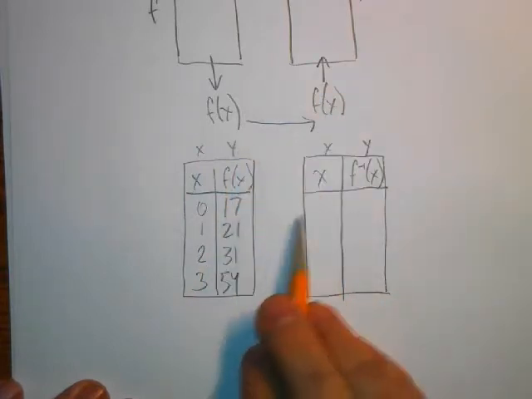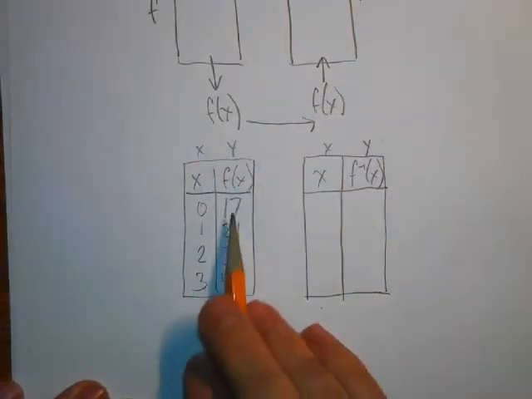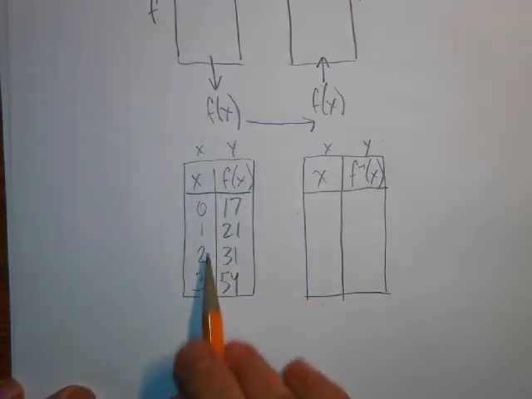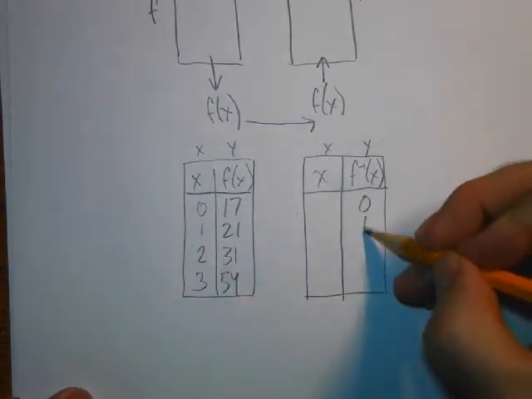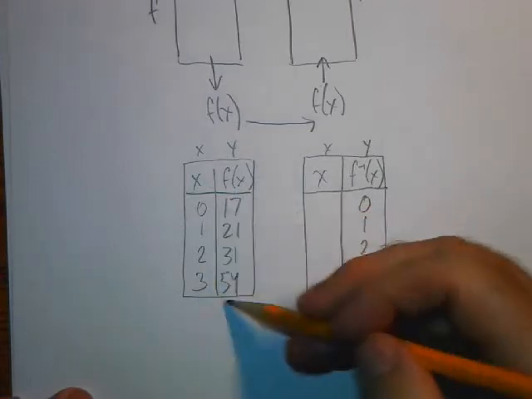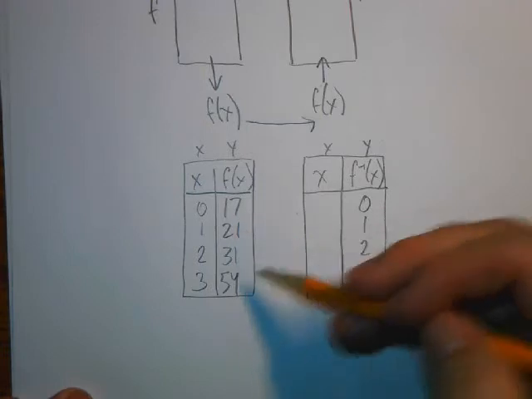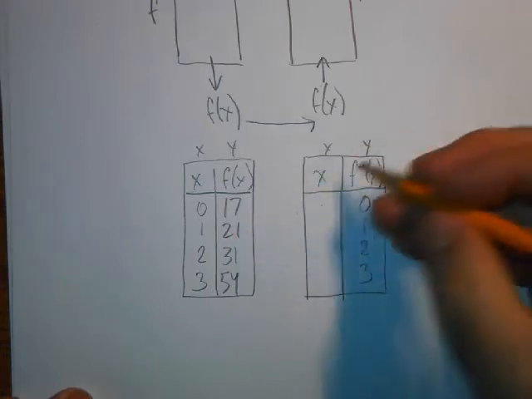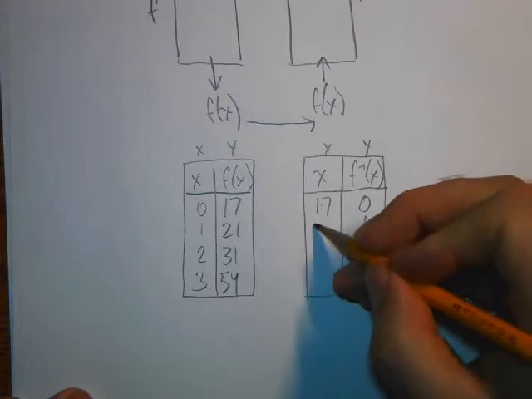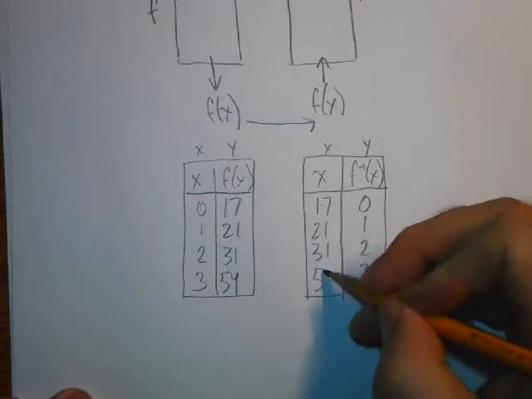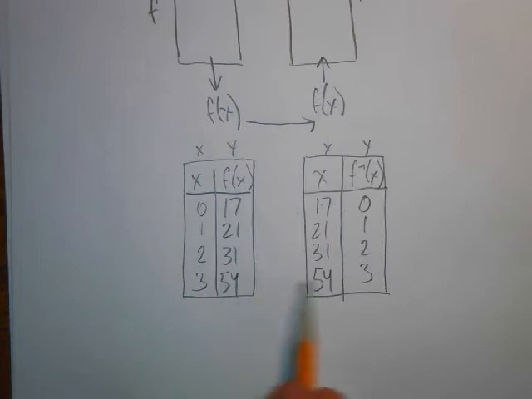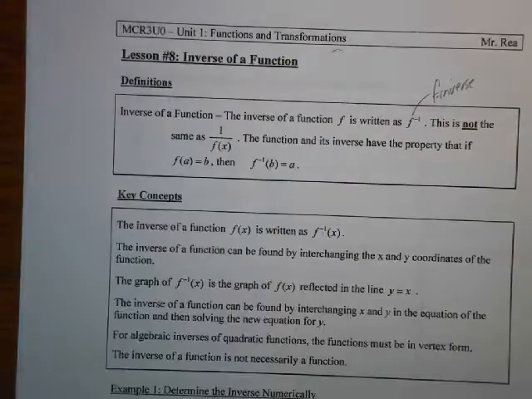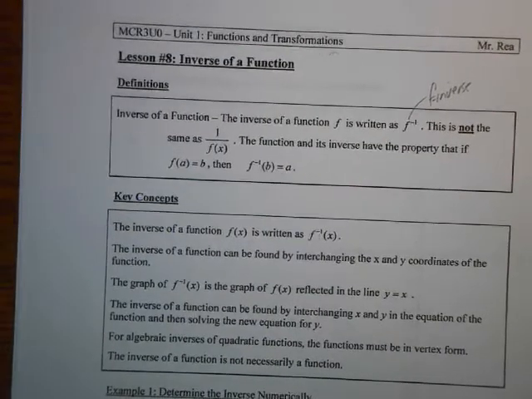What happens with these tables, if this is the original function and this is the inverse, is that your x values from the original function become your y values here, so 0, 1, 2, 3, and your output values from f become your input values for f inverse of x. So your table of values might look something like this. So you can always create some points on your inverse function if you know some points on your original function just by interchanging the x and y values, switching x and y's. Okay, so we're going to do that here.